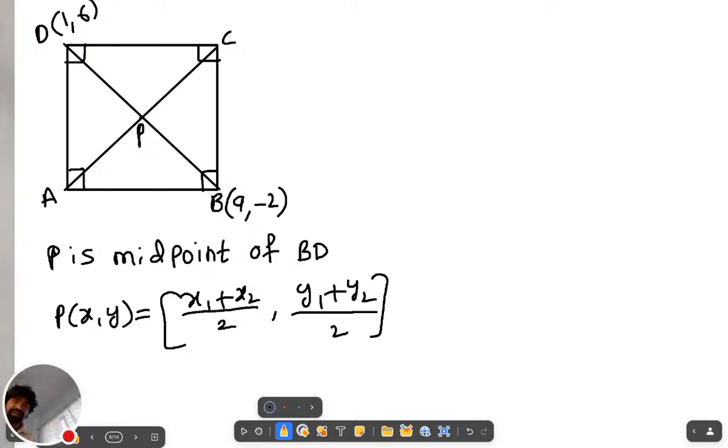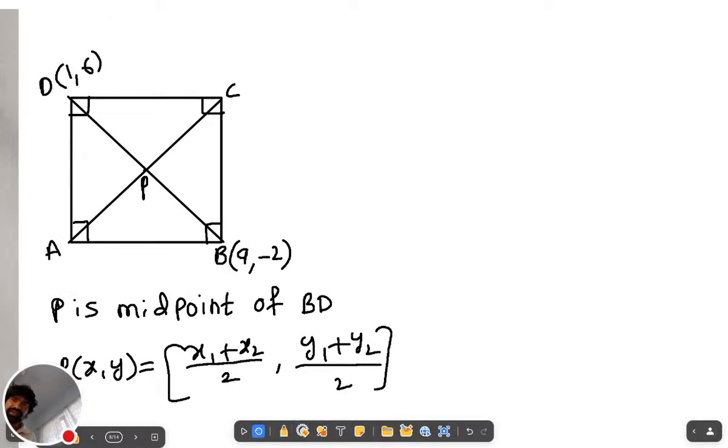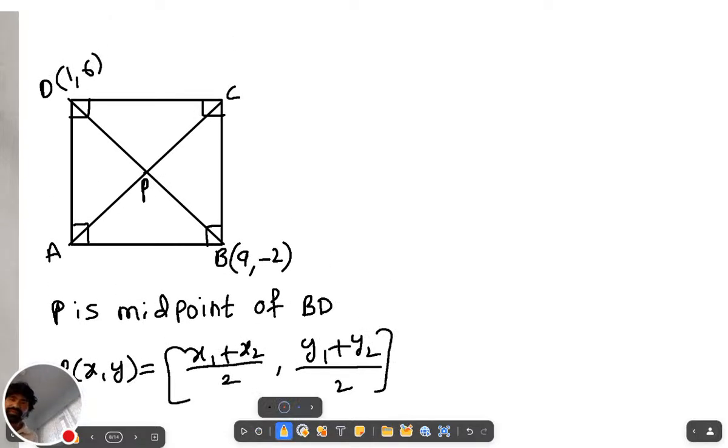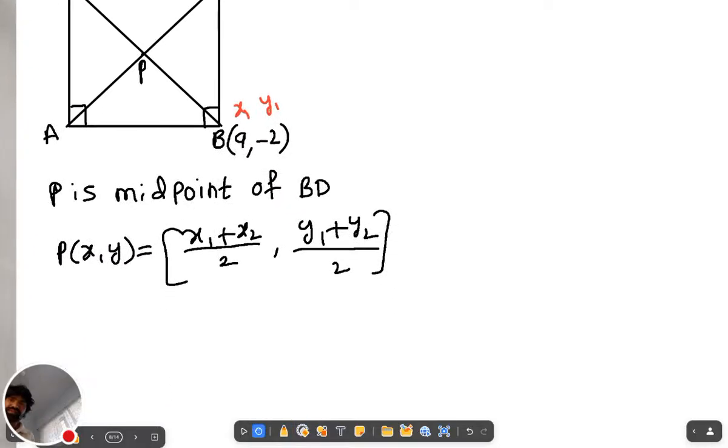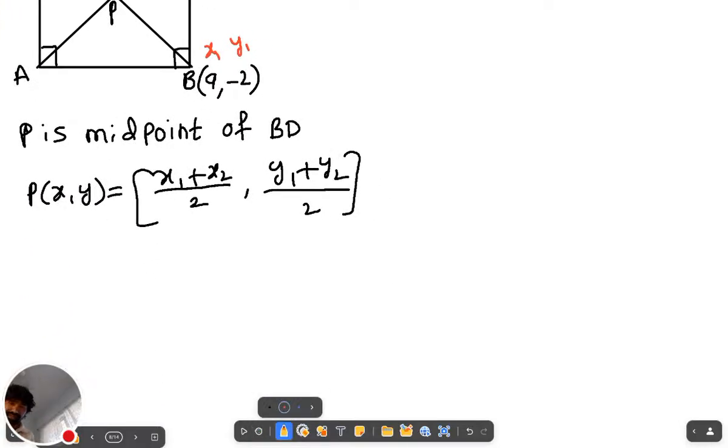Here, what is x1, y1, x2, y2? Let us take 9 and -2 as x1, y1, and 1 and 6 as x2, y2. So in the formula, x1 plus x2 by 2 means 9 plus 1 by 2.